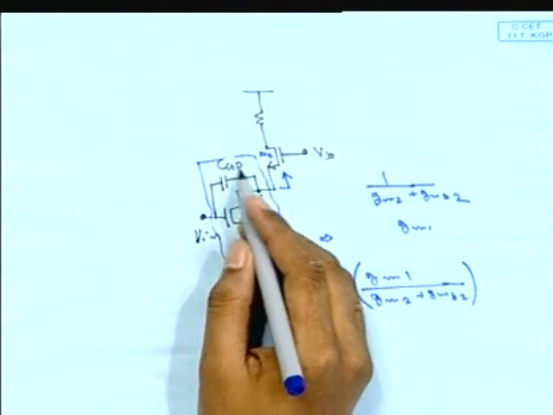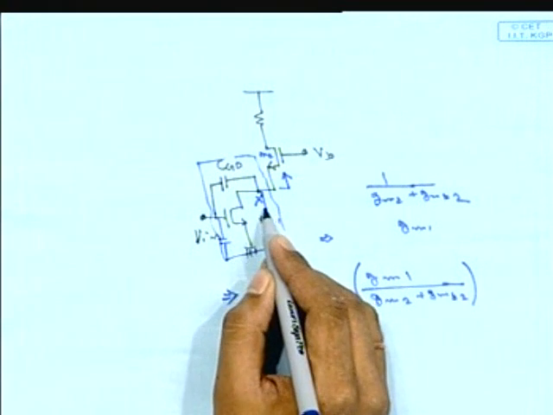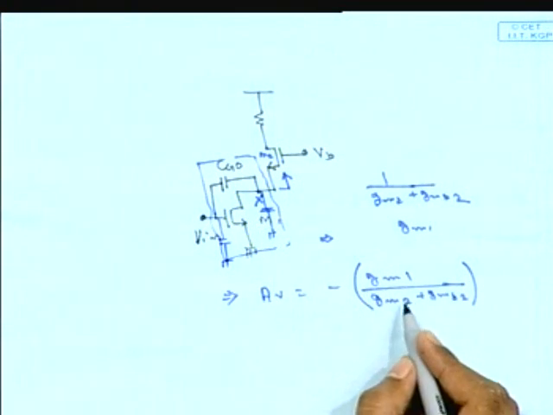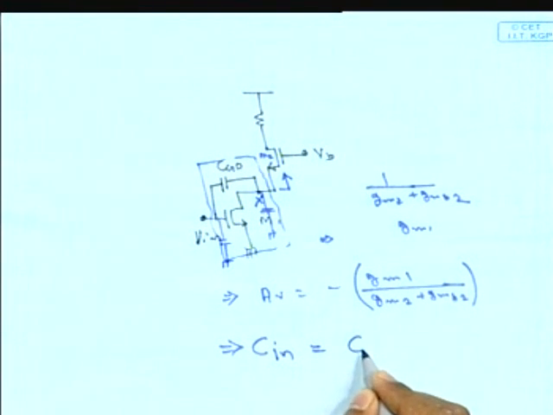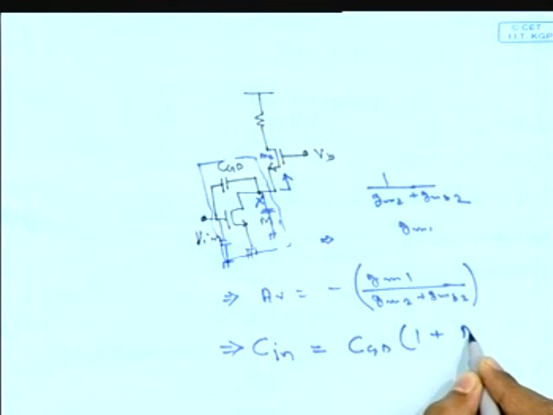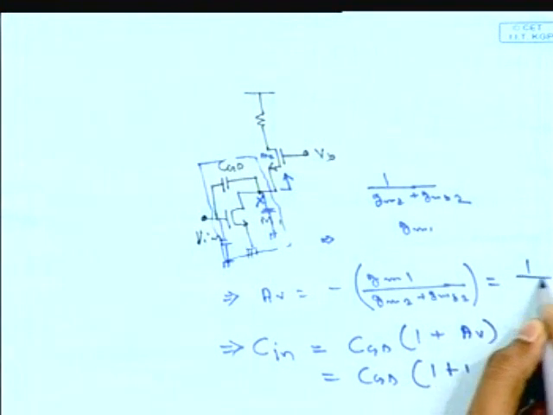So whenever we split this CGD capacitance between this particular node and that particular node, the effect is very small, because if this transistor and this transistor have the same size, we can approximate gm1 and gm2 as the same, and for that case the effect of the Miller capacitance is very negligible, around equal to 2 or so, because Cin is nothing but CGD into 1 plus Av, where Av is approximately equal to 1, because it is 1 by 1 plus eta.